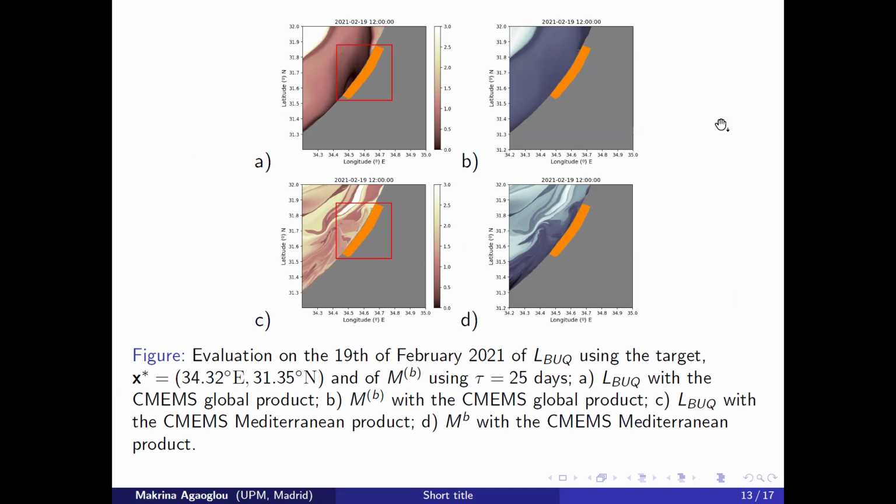In the first line we have used the data set of the global model, and in the second one the Mediterranean one. Again, we can see that the global model is performing better. The error around this area is much smaller than using the Mediterranean model, and again, the unstable invariant manifolds are very aligned with the singularities that we are getting using the uncertainty quantification method backwards in time.